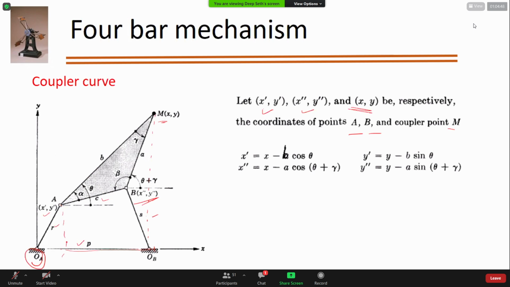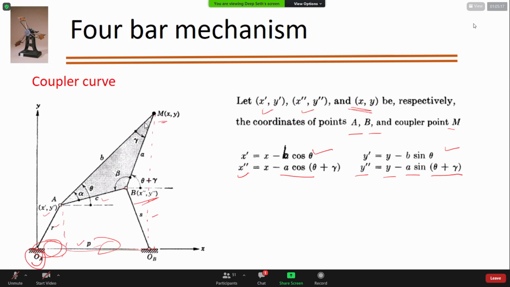From x, when you remove B cos theta, this part, you will get this part. So x dash is equal to x minus B cos theta. Similarly, y dash is equal to y minus B sin theta. Similarly, for this, x double dash is x minus A cos(theta plus gamma), and y double dash is equal to y minus A sin(theta plus gamma). Right. So very simple geometric functions.